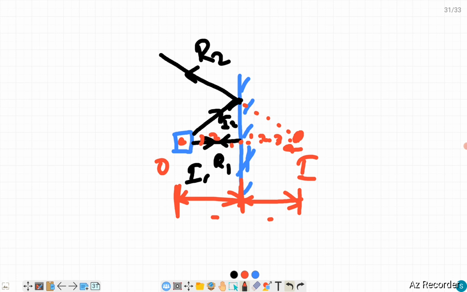Generally from the mirror to object, the distance is called object distance, denoted with letter U. And from mirror to image, the distance is called image distance and denoted with letter V. If you observe, the distances are equal. And the sizes also, you observe, they will be equal. Understood? The same size you can see in the mirror.